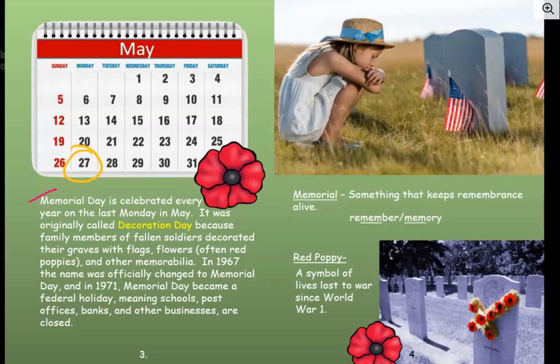Memorial Day is celebrated every year on the last Monday in May. It was originally called Decoration Day because family members of fallen soldiers decorated their graves with flags, flowers, often red poppies, and other memorabilia.